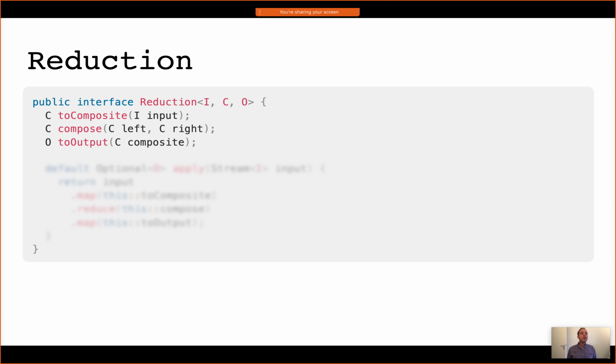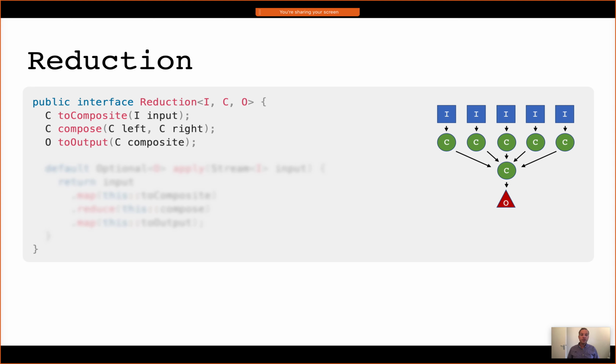So I'll introduce another interface. It's called reduction, and it has 3 type parameters. It has an I, which stands for input. It has a C, which stands for composite, and it has an O, which stands for output. And these correspond to the layers in the diagram you've seen earlier, right? And it needs 3 implementations for a pre-processing step, and I call that toComposite.